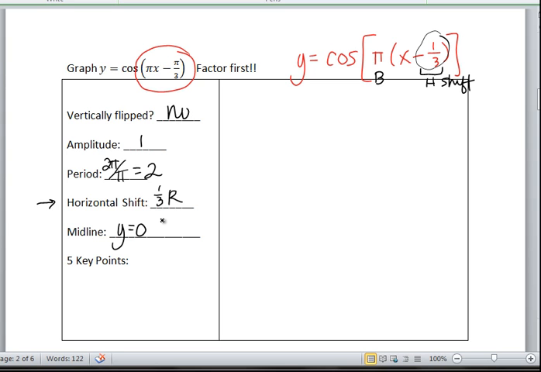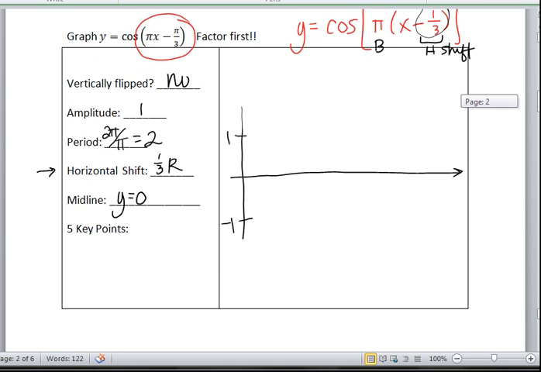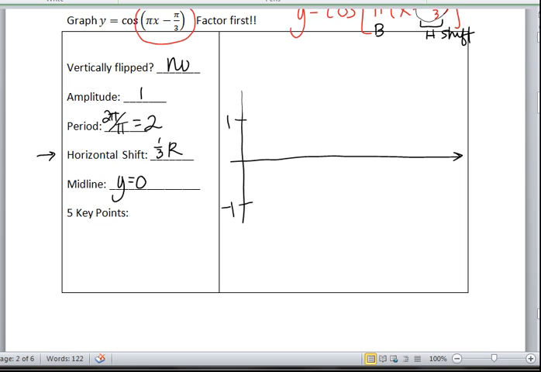Okay, so let's take a look at setting this up first. Okay, our midline is 0, which is nice, and so we're going to go up to 1 and down to -1. Now here's where it gets interesting, and we're going to do a bunch of stuff with some fractions. So that's why I've been telling you guys to practice. The first thing I would start is with this 1/3 to the right. So this is 1/3.